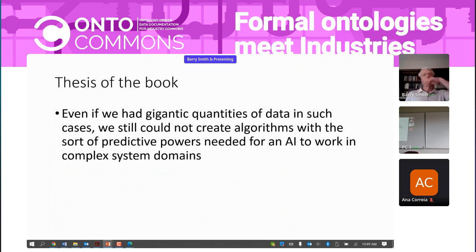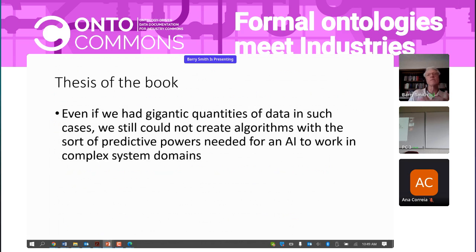All right, now, many people think that these problems can be solved if we can just collect enough data. And the main thesis of the book, the central chapters, which are quite mathematical in nature, we think they demonstrate that however much data you have, you still could not create algorithms with the sorts of predictive powers which would be needed to engineer an AI which would work in any complex system domain.